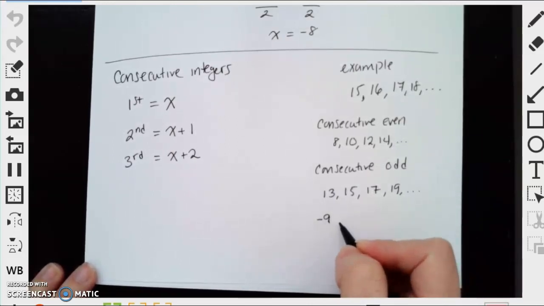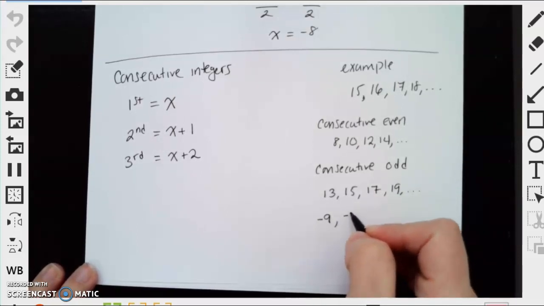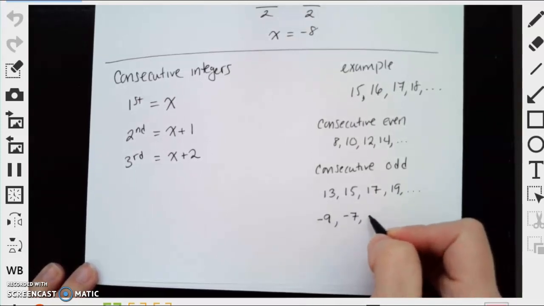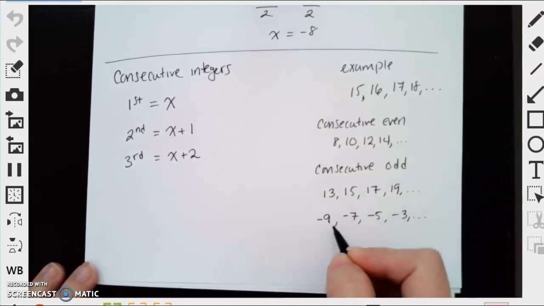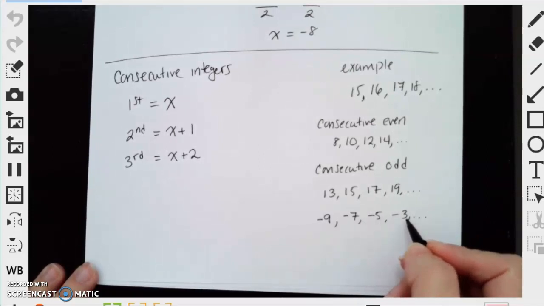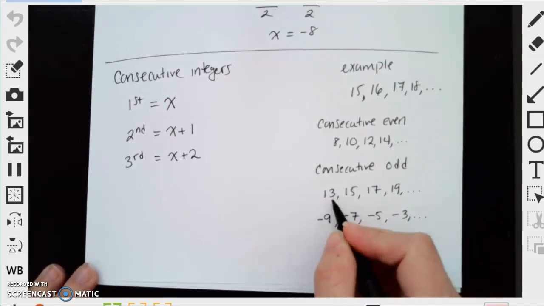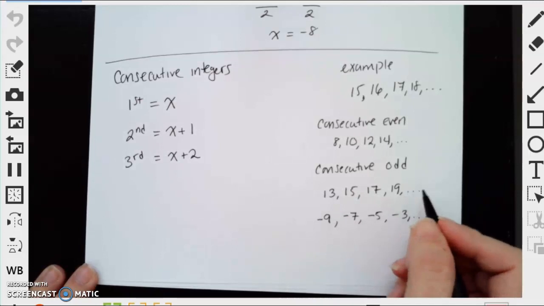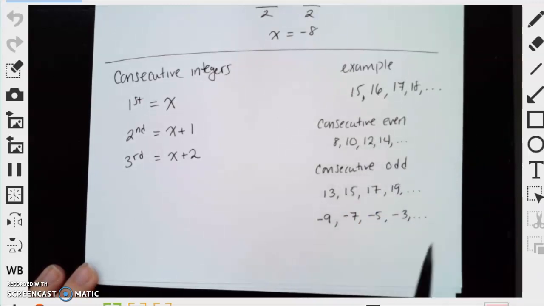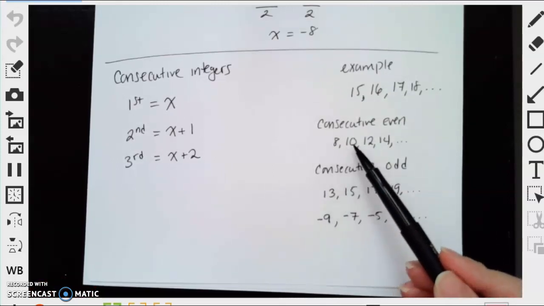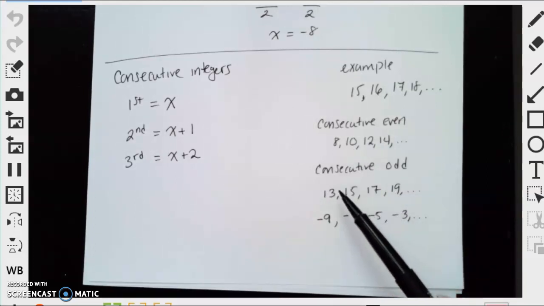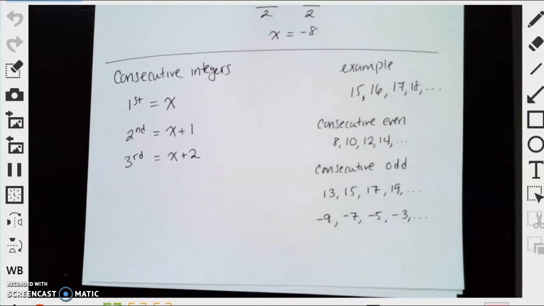The next highest one would be negative 7, then negative 5, and then negative 3, and so forth. Notice that these are going up in value by 2. Here, these are going up in value by 2. Even the evens are going up in value by 2. So no matter whether my first number is odd or even, to get to the next consecutive even or the next consecutive odd number, I'm adding 2 every single time.